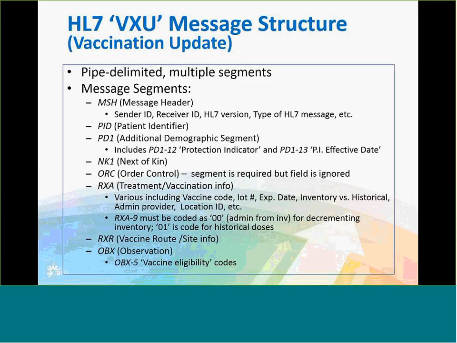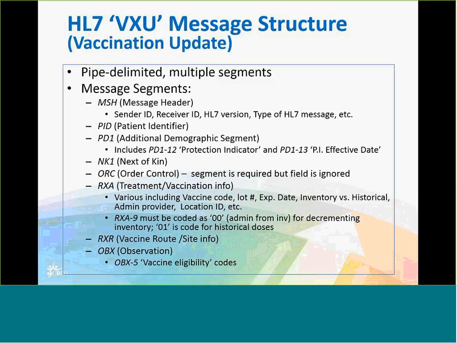The HL7 VXU message structure. It is pipe delimited and has multiple segments. The message segments include the MSH, message header, the PID, patient identifier, PD1, that includes additional demographic segment, including the PD1-12 protection indicator, the NK1, next of kin, the ORC, order control. This segment is required, but the field is ignored.